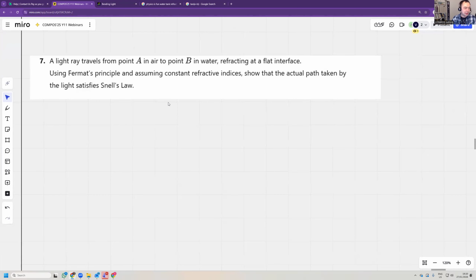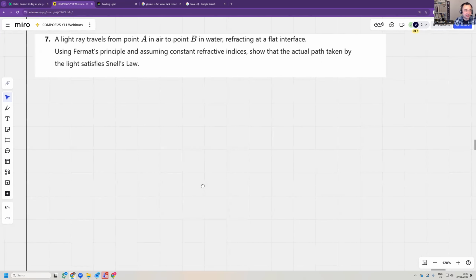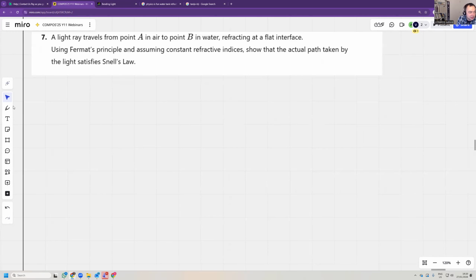Right, so a light ray travels from point A to point B in water, refracting at a flat interface, using Fermat's principle. Fermat's principle is a principle of the quickest path, and this is one of my favorite things to consider.